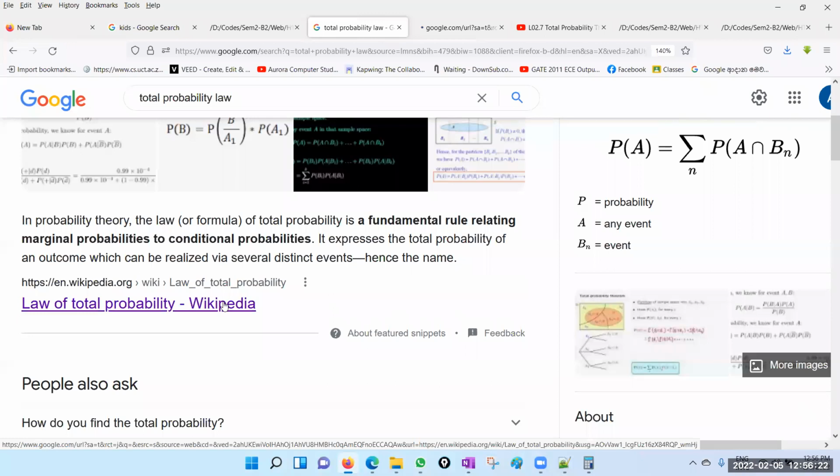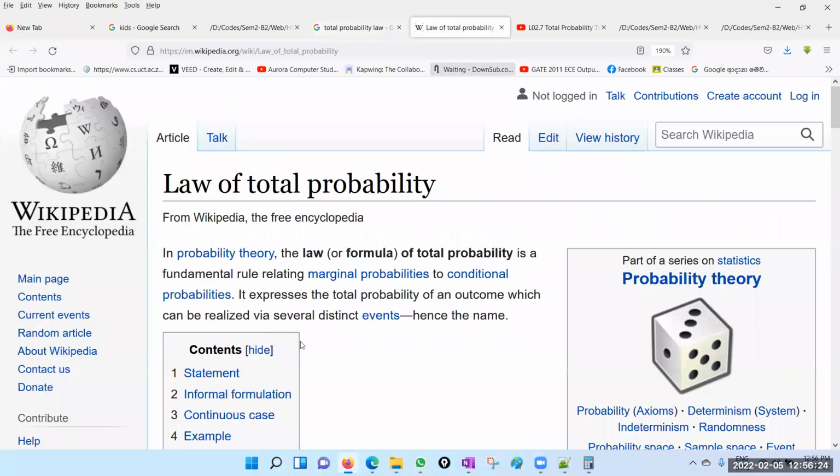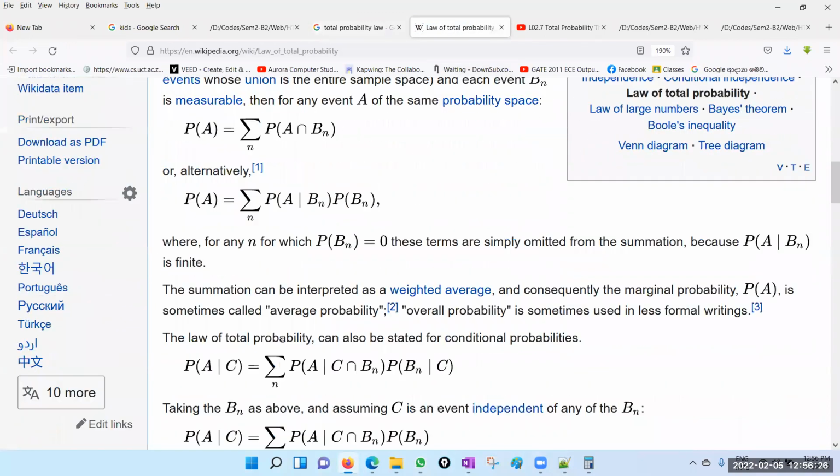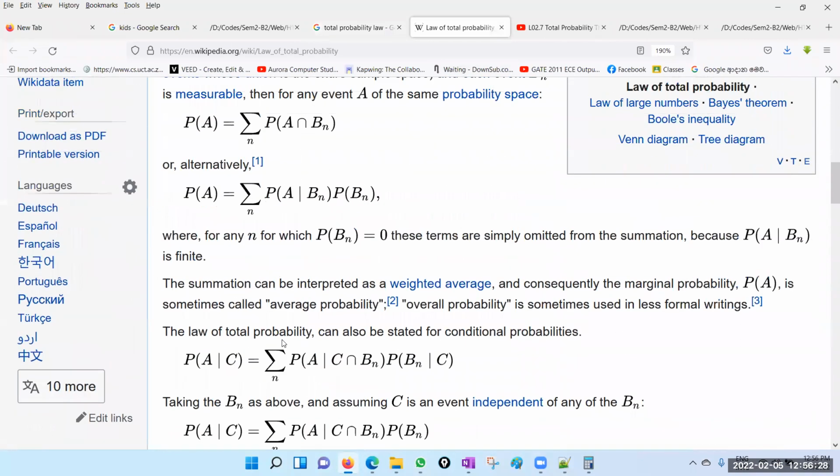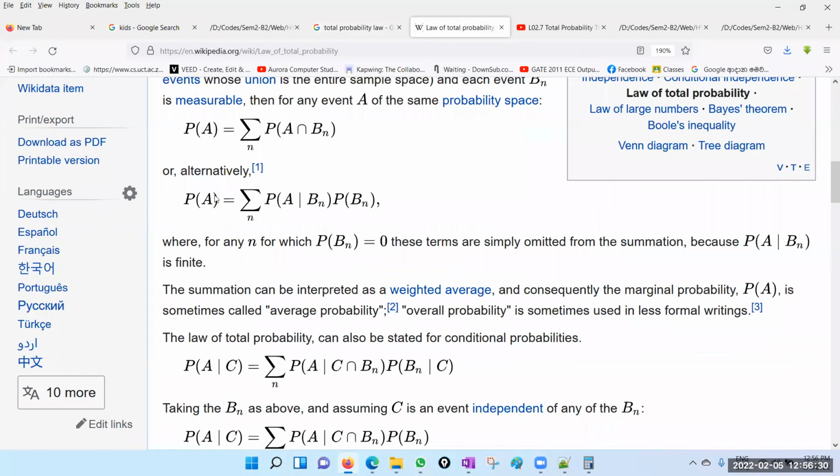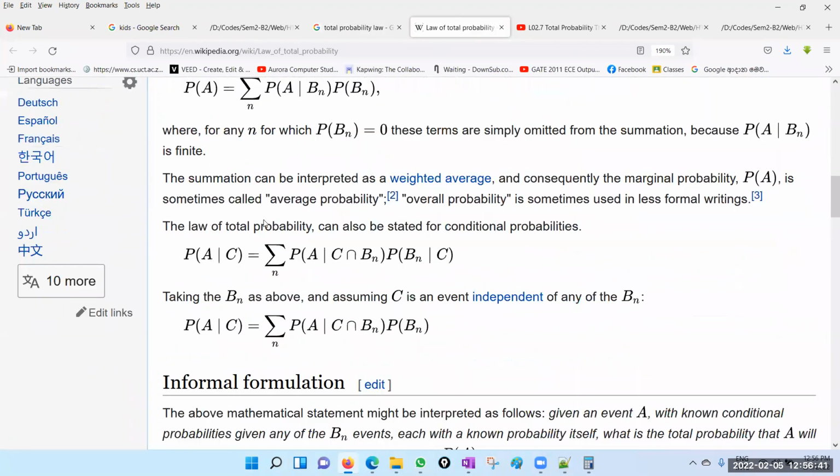So let's go to the wiki page. And so this is P(A) equals the sum of P(A given B_n) times P(B_n). You have to sum everything. So then you get the probability of A happening.